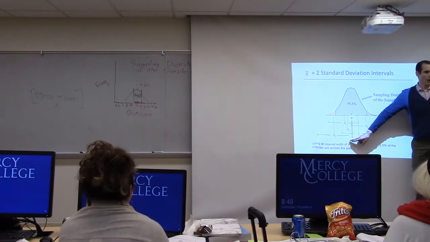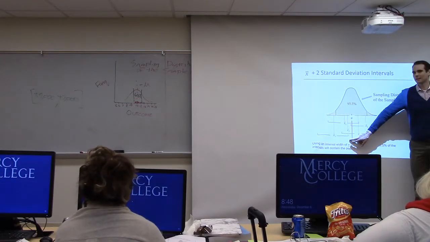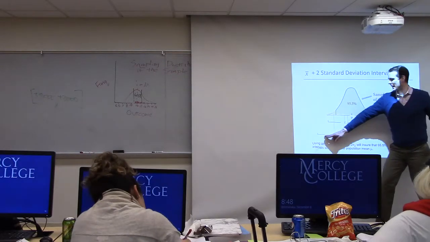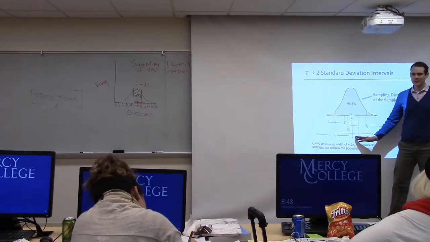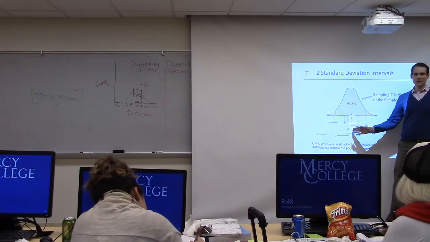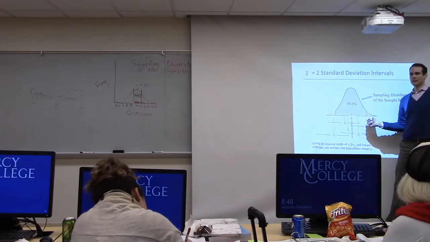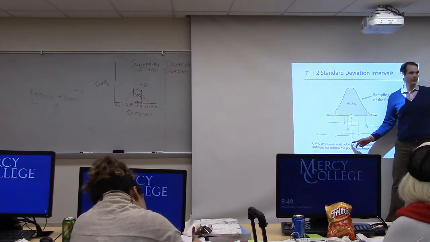No. How often does that happen? 4.5% of the time, we're going to come up with a sample mean whose confidence interval does not include the true population mean. Essentially, we're going to get it wrong 4.5% of the time if we only add 2 standard deviations.